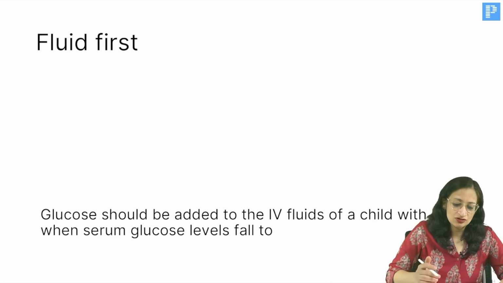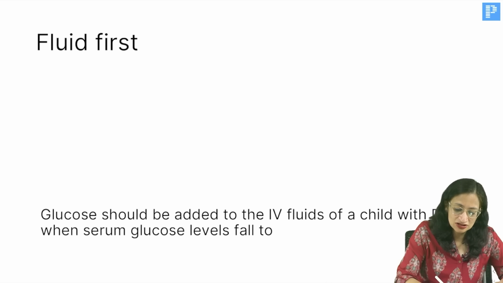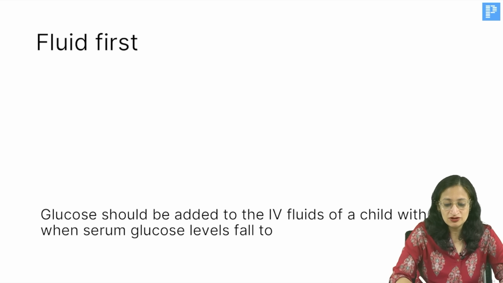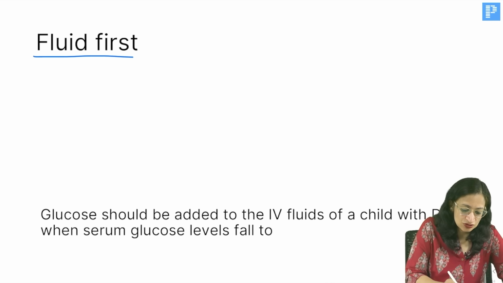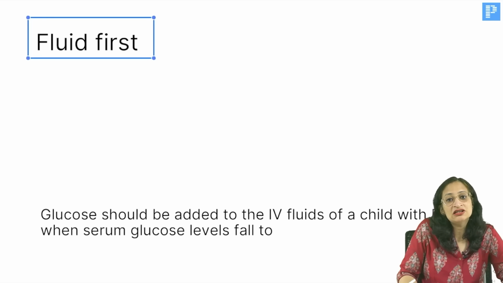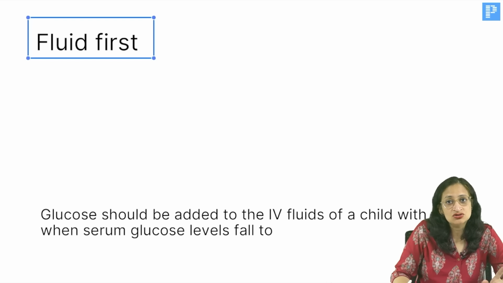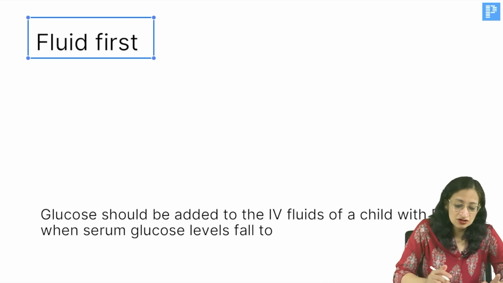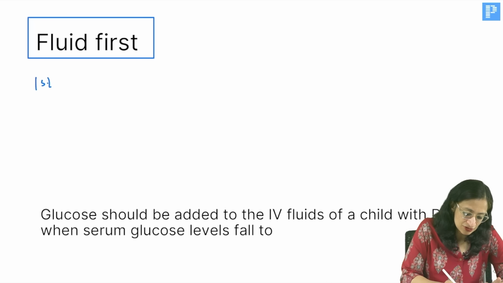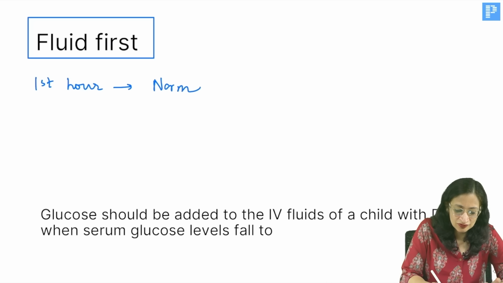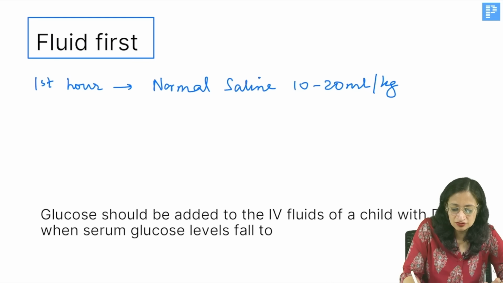Now, whenever you have diagnosed DKA in a child, remember, the first thing that you do in the management of DKA is give fluids. Fluid first. The first drug to be given is not insulin, it is fluids. In the first hour after the child presents, we give normal saline, 10 to 20 ml per kg over 1 hour.